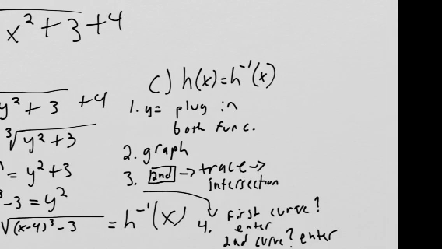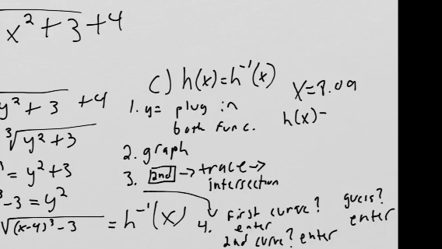And then it's going to say guess, and you hit enter, and it gives you the x value for which the output of the original function and the inverse is the same. We did this one in class the other day, but what I think we get is that when x is 8.09, h of x equals 8.09, and also h inverse of x equals 8.09.